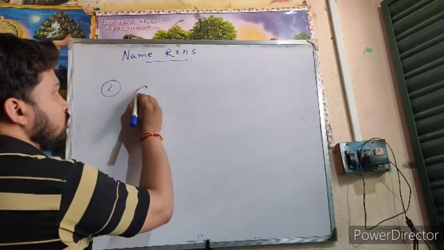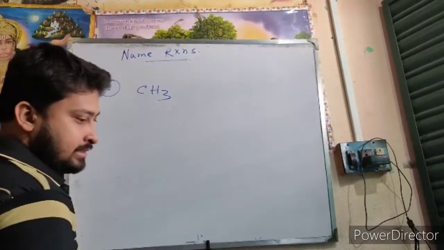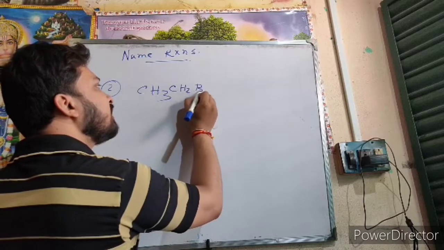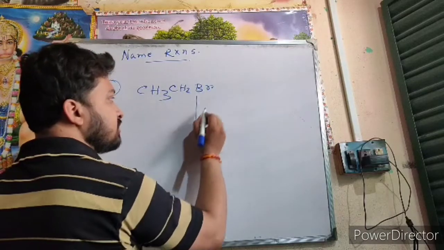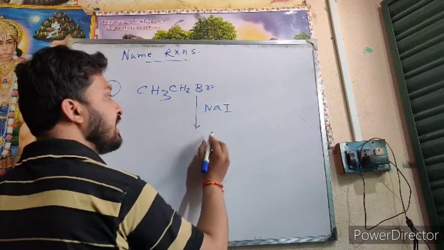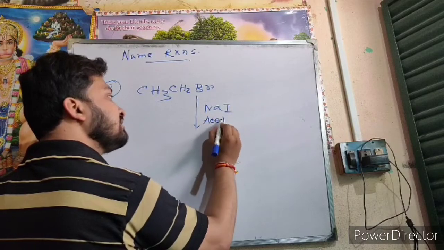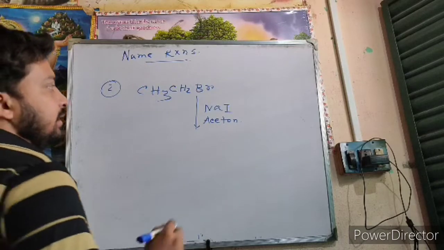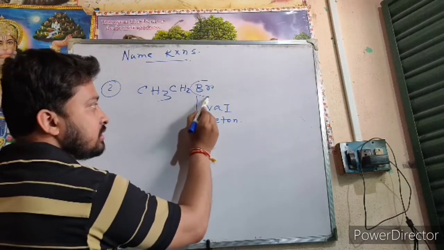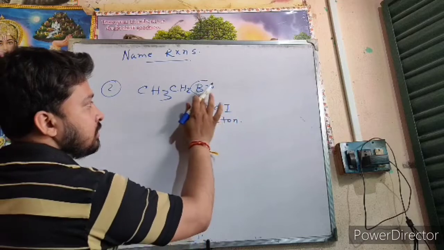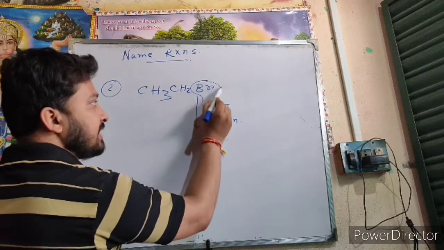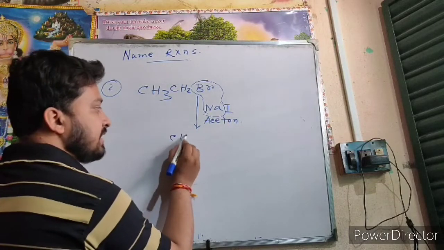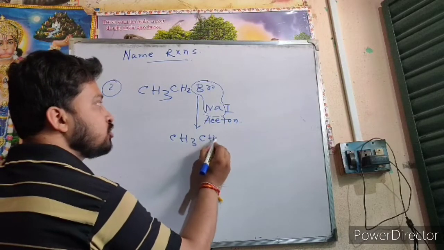You take CH3CH2Br and react it with NaI and acetone. Then you remove NaBr as a precipitate and you get CH3CH2I.